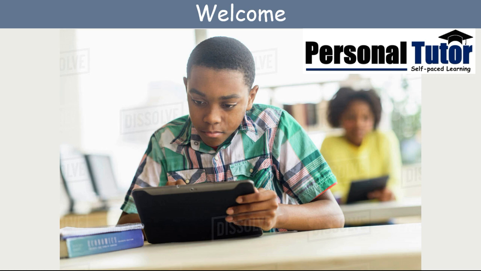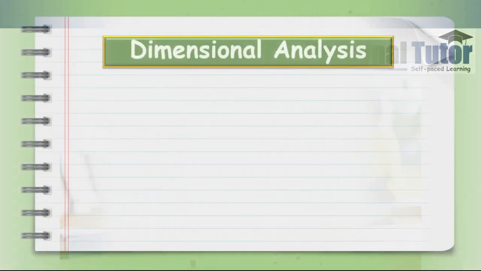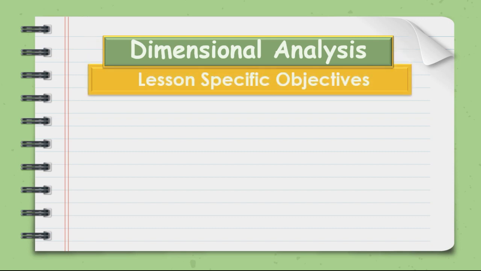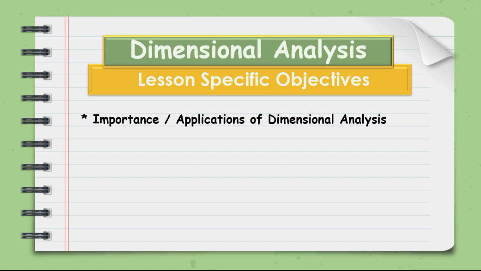Gradually, we are drawing down the curtain on our series on dimensional analysis. For today's lesson, the specific objective is to look at the last aspect of the applications of dimensional analysis.